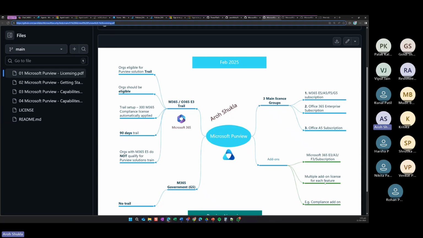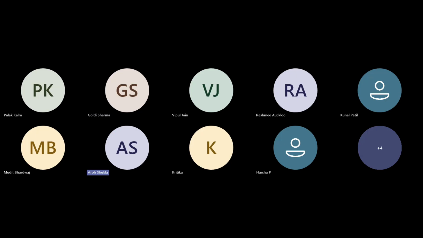If you're not controlling it, it will be very tough for any organization, not just the users but the C-level people. When you try these security controls and how Copilot works with Purview, at least your mind will be open and you can get value from these products. This is my deck which I shared with you.